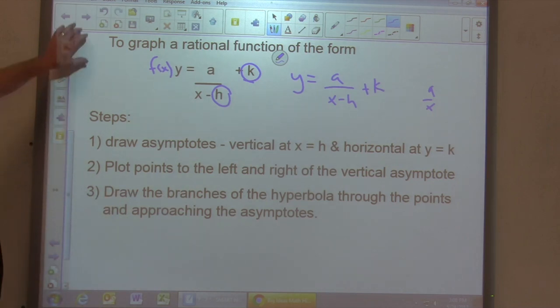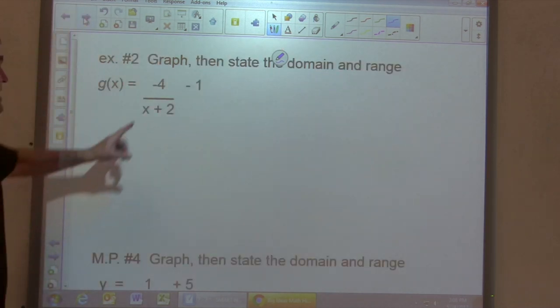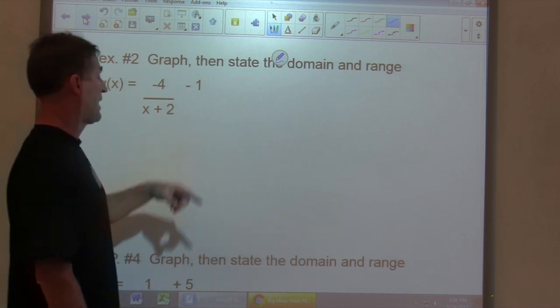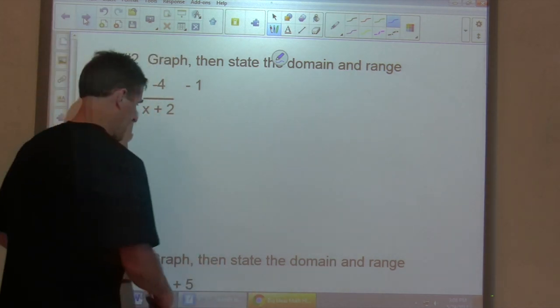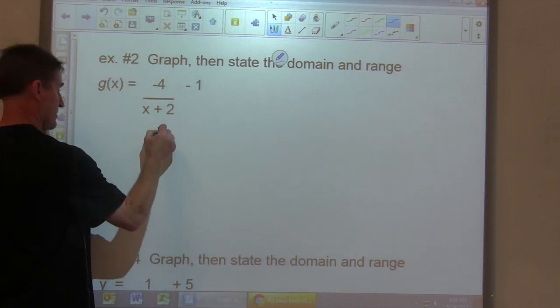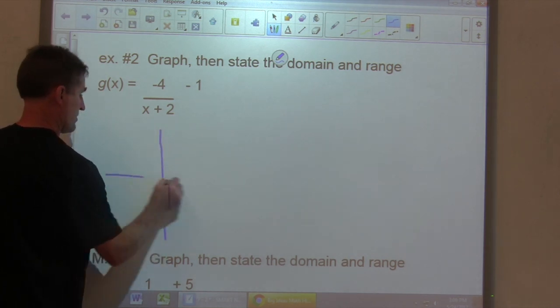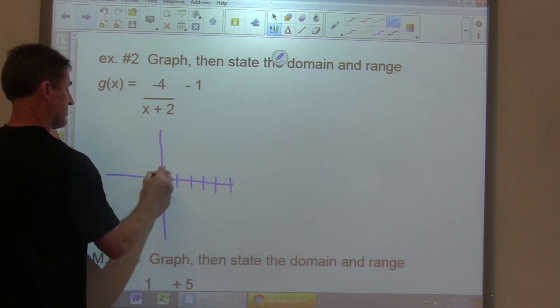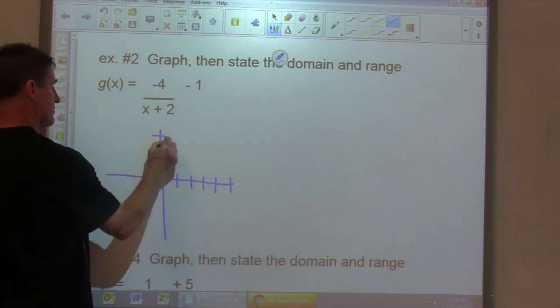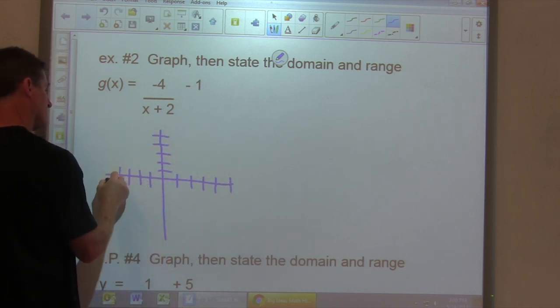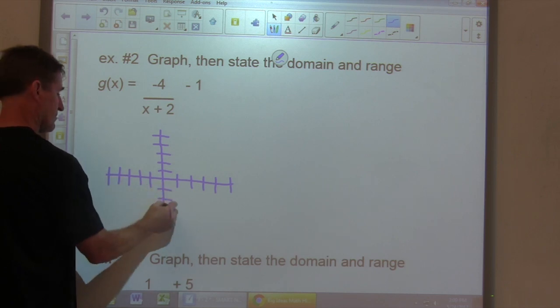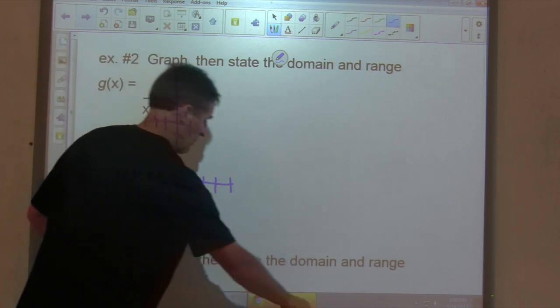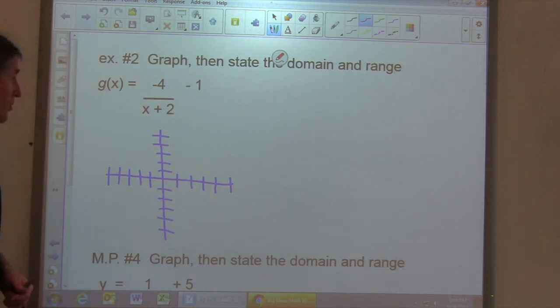So let's look at an example of this. They ask us to graph this and then state the domain and range. So I'm going to go ahead and put my graph right here. So remember, our first step is to draw the asymptotes.